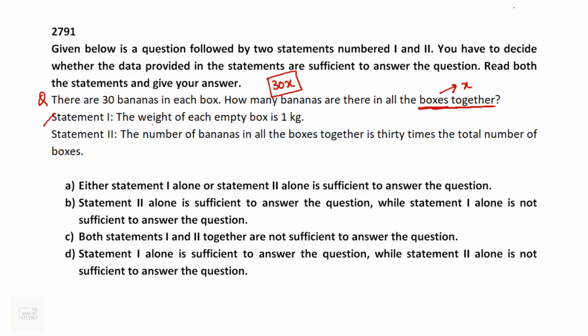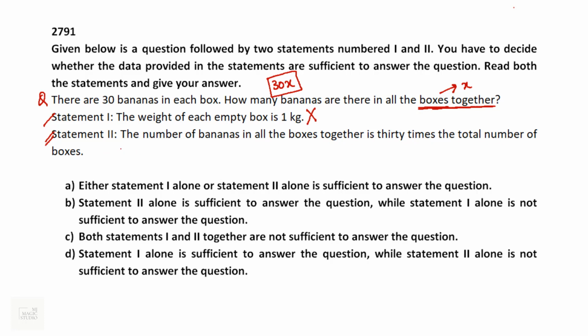Statement 1 says the weight of each empty box is 1 kg, but it doesn't reveal how many boxes we have. Statement 1 alone is not sufficient. Statement 2 says the number of bananas in all the boxes together is 30 times the total number of boxes.